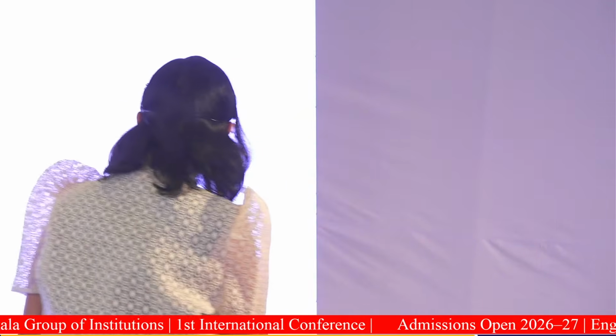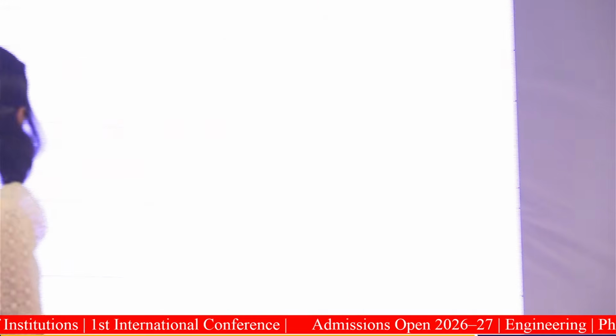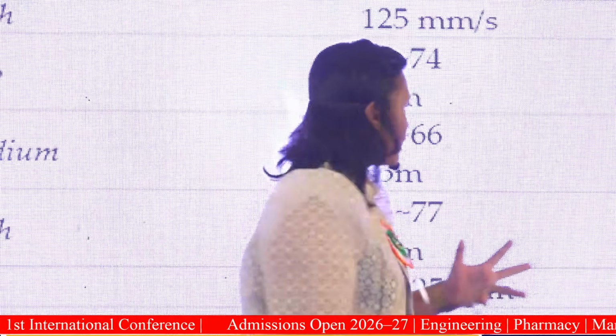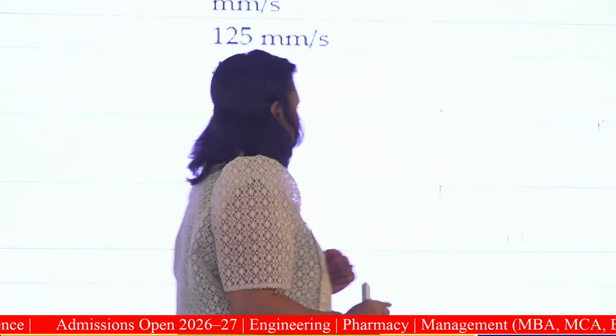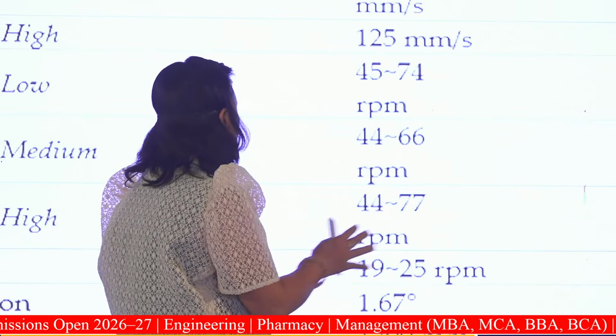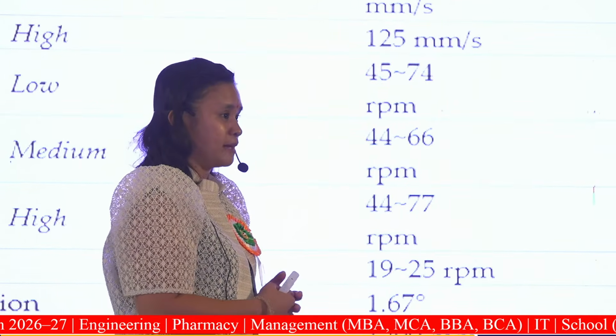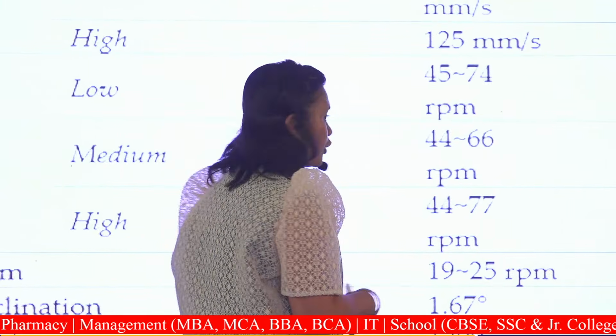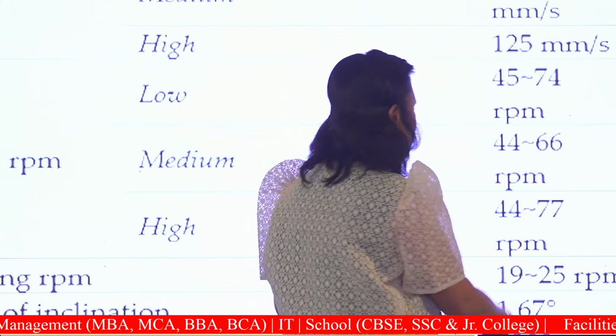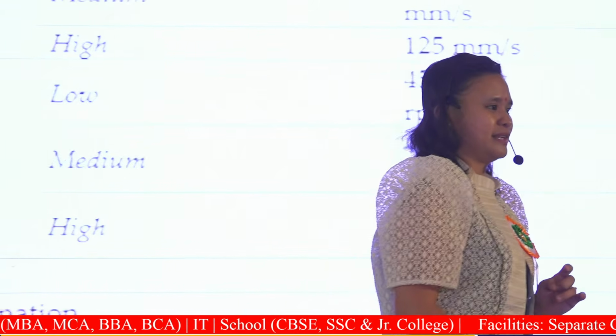It's around 45 to 74 RPM of each wheel for low speed, and for medium speed around 44 to 66 RPM, and for the high or fast speed around 44 to 77.